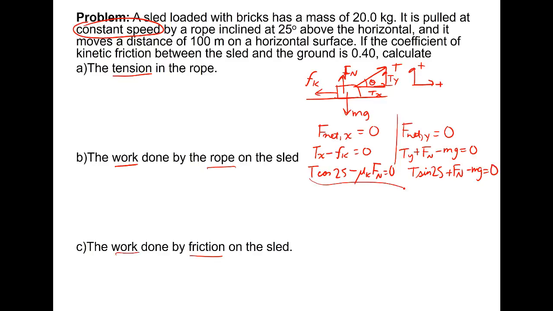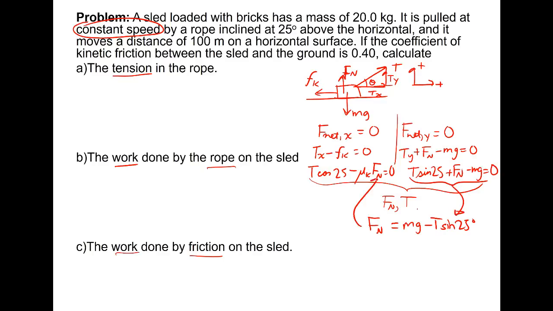And plus the normal force minus mg equals 0. So the problem here is that we have a system of two unknowns, F normal and tension. Now this is kind of review of last chapter, so I'm not going to take a lot of time to solve this right now, but we're just going to note that the normal force could be written as mg minus T sine 25 degrees from this equation.